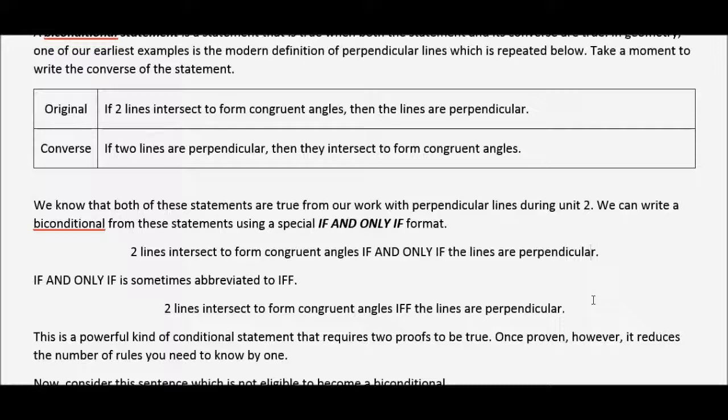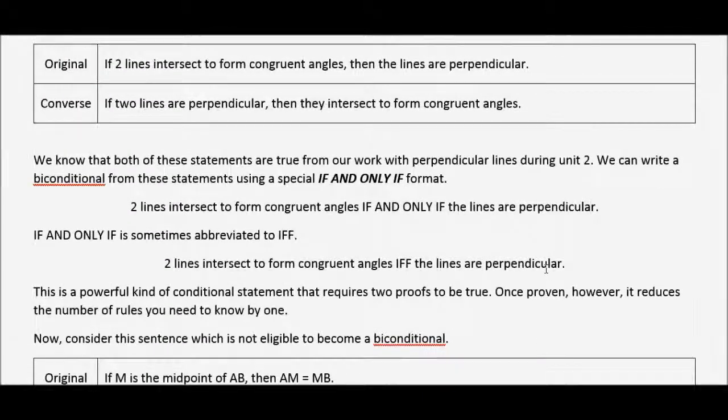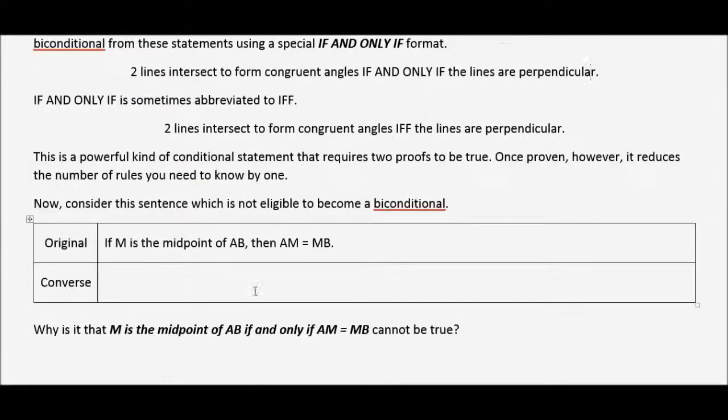So one statement that you would have to prove would be if two lines intersect to form congruent angles, then the lines are perpendicular. And then you have to turn it around and show that if two lines are perpendicular, they intersect to form congruent angles. All right. So let's look at the converse of the midpoint. If AM is equal to MB, then M is the midpoint of AB.